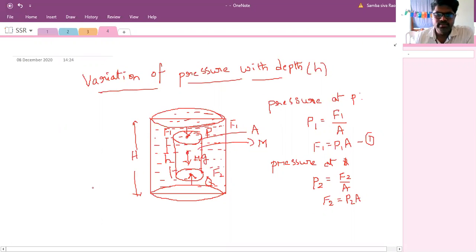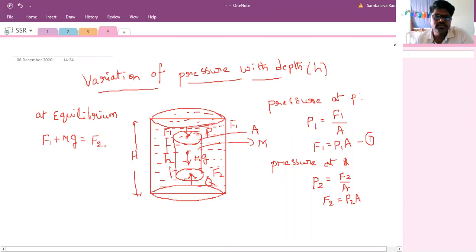Then at equilibrium, that means the liquid column is at rest, the force acting downward, that means F1 plus mg, will balance the force acting upward, F2.